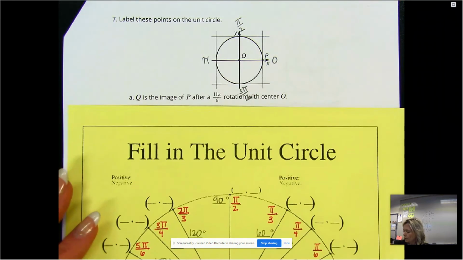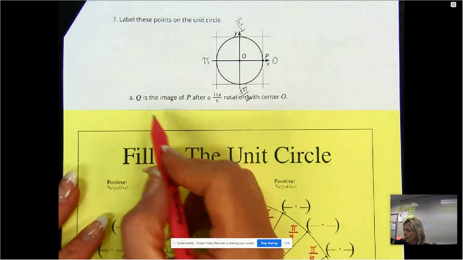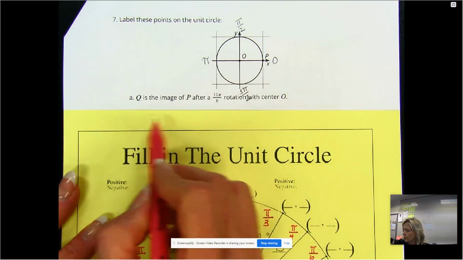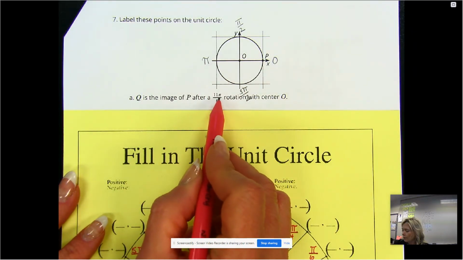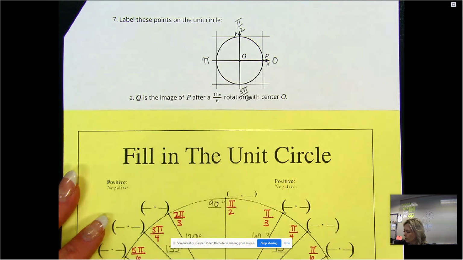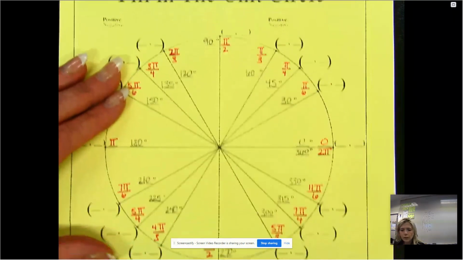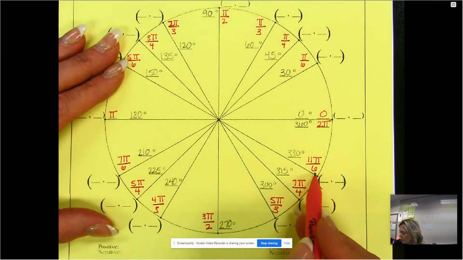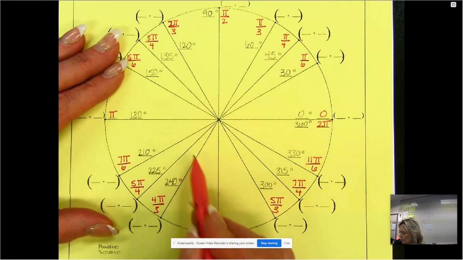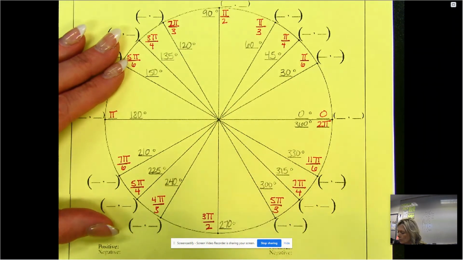Okay. So first we're going to put a Q on the circle after an 11 pi over 6 rotation with the center here at 0. And so 11 pi over 6, it's going to be all the way into the 4th quadrant.